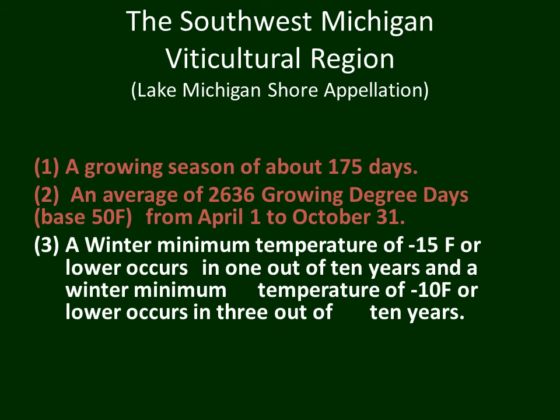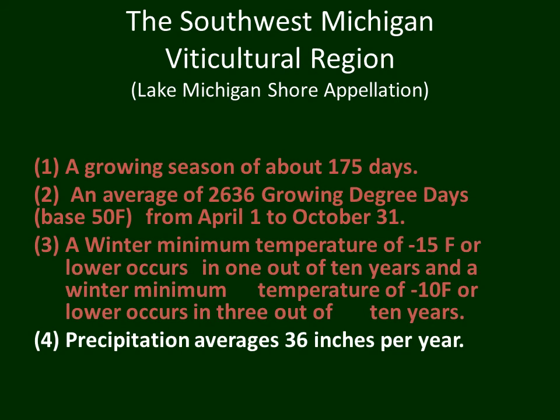It has a winter minimum temperature of minus 15 Fahrenheit or lower, and it occurs in 1 out of 10 years, and a winter minimum temperature of minus 10 degrees Fahrenheit or lower in 3 out of 10 years. And fourth, the precipitation averages 36 inches per year. These are the characteristics of the viticultural region where I live.